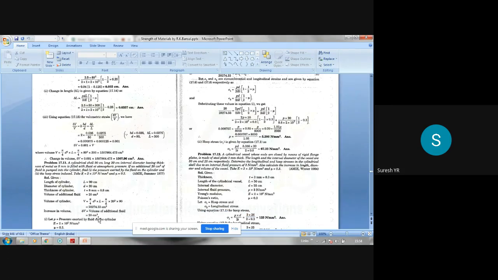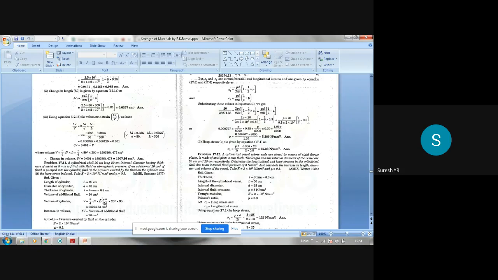The increase in volume is given as 20 centimeter cube. That is the additional fluid we are going to pump into the cylinder, that is your delta V. So 20 centimeter cube means 20,000 millimeter cube.